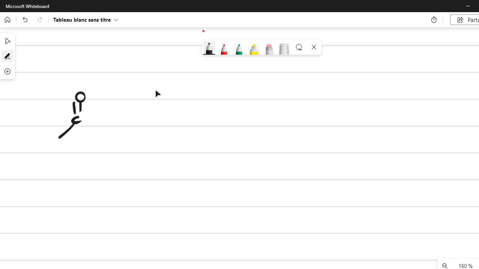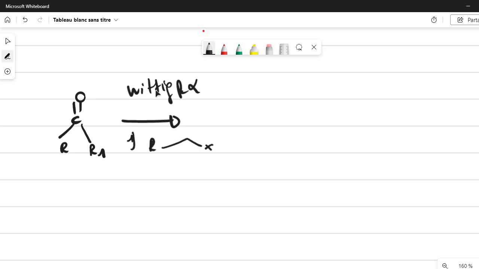I'm just going to write R and R1. So we need to make a Wittig reaction. We need R-X. We need this molecule.